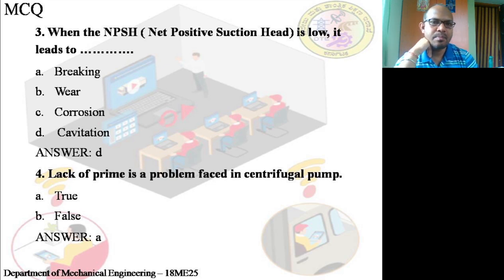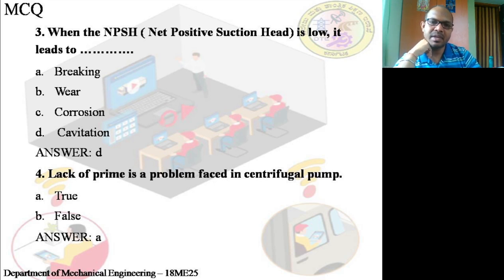When the net positive suction head is low, it obviously leads to cavitation. What do you mean by breaking? Wear occurs whenever impingement occurs. Corrosion is not at all the case. Only when suction head is low does cavitation occur.